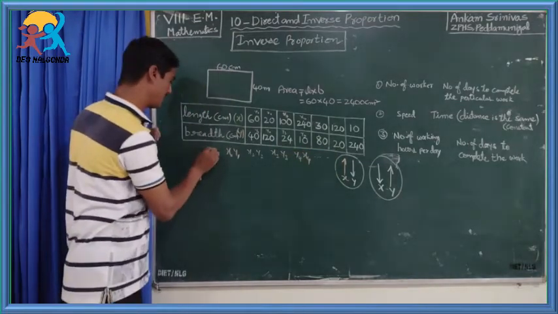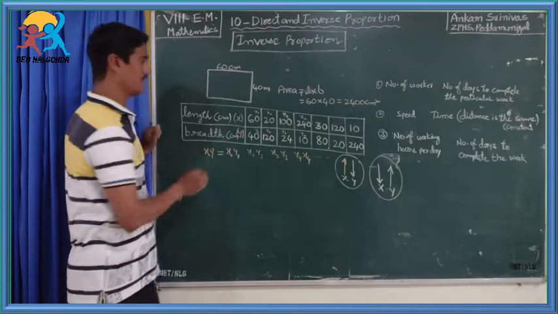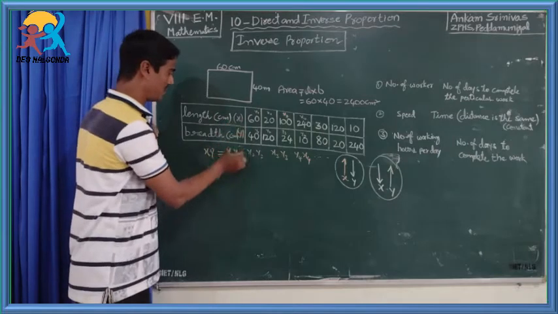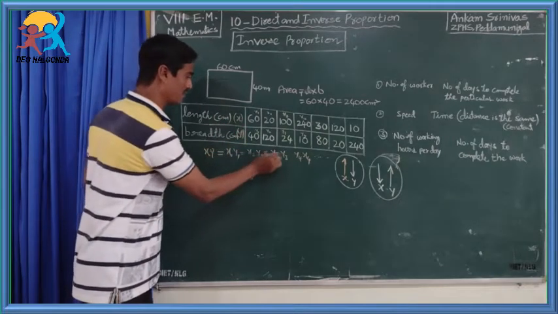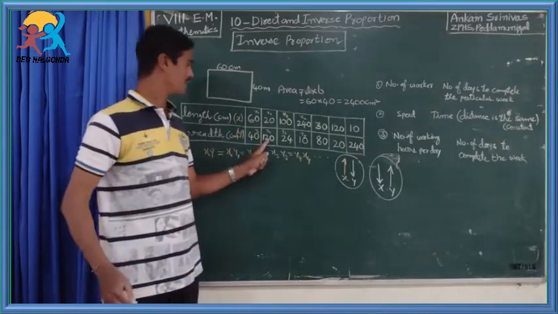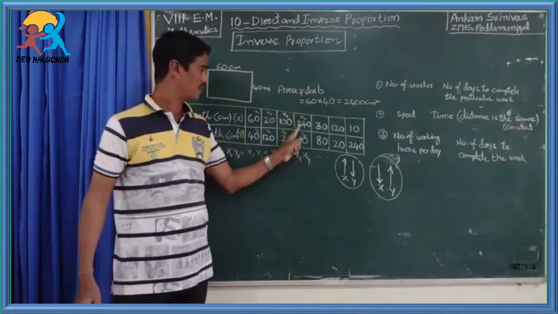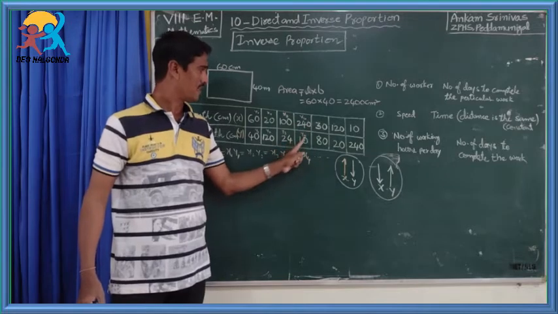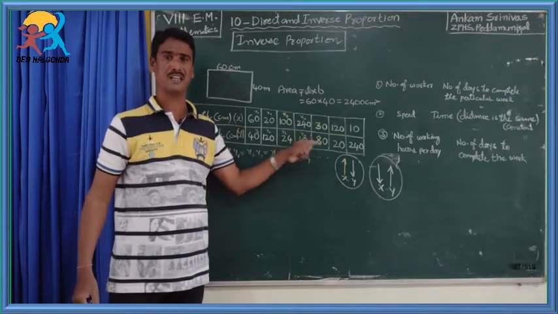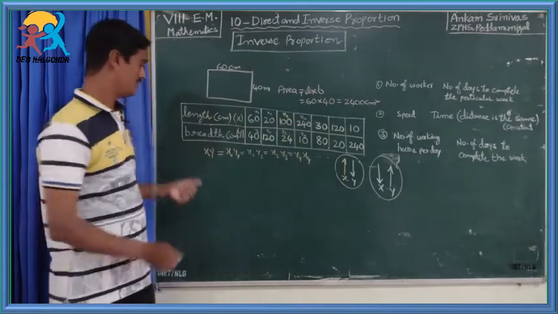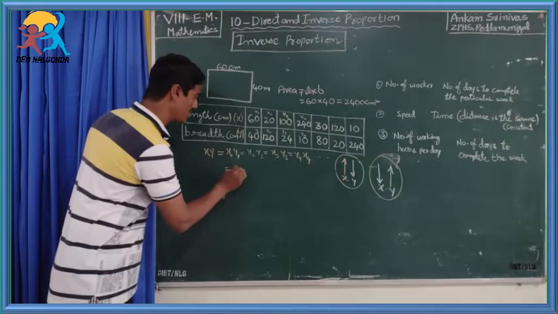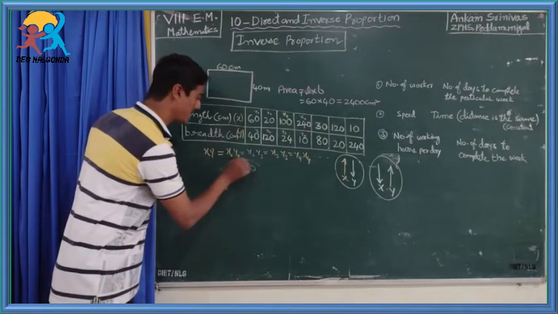Here x into y is always constant, and the product of the two quantities is equal. In this case 60 into 40, 20 into 120, 100 into 24, 240 into 10 and so on are always equal, which is the same product. So in this product we have got 2400. This is the constant.